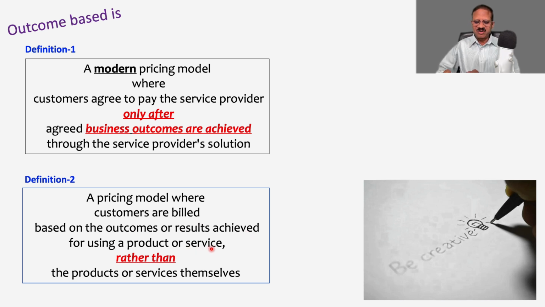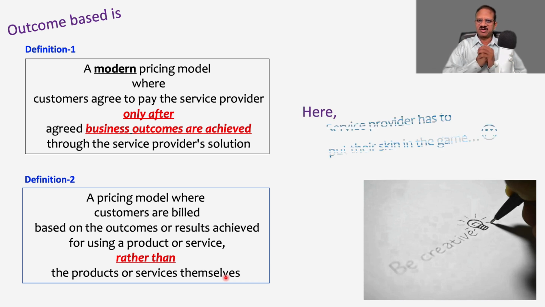So you develop a product or service, the customer uses it and should achieve the planned outcome. Instead of just paying for the product or service, they pay only when that product or service achieves planned outcomes.